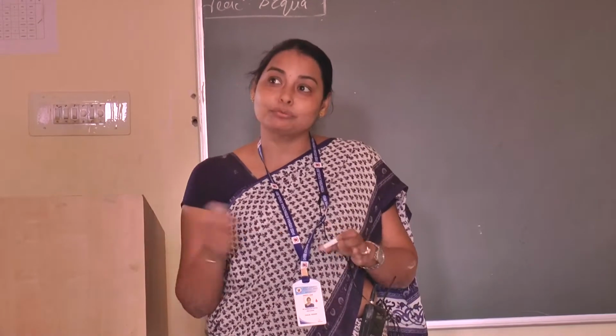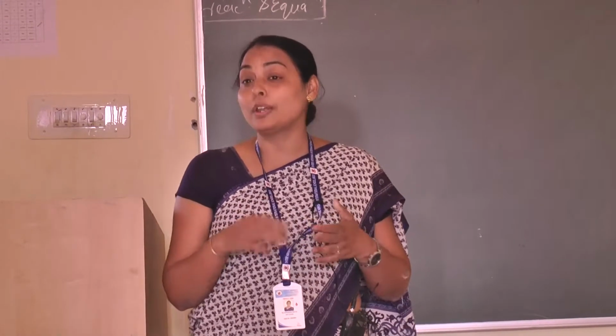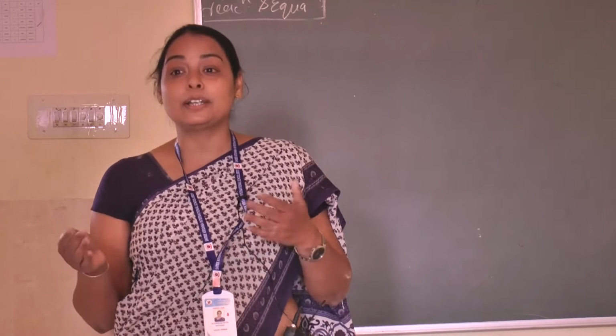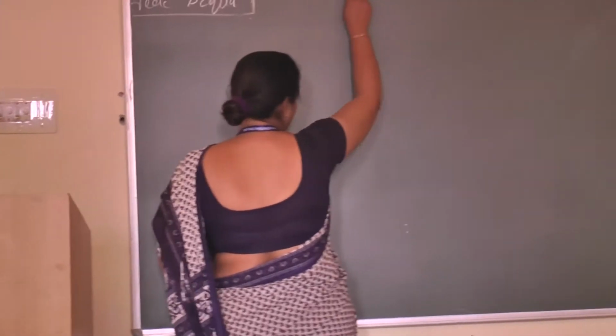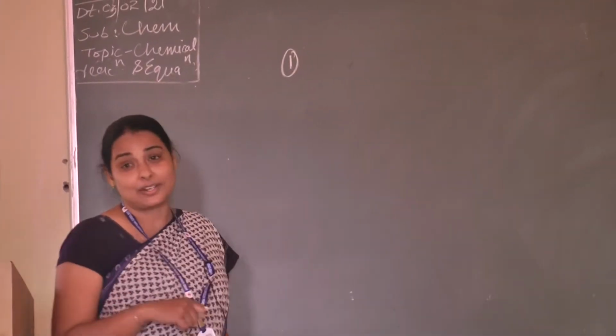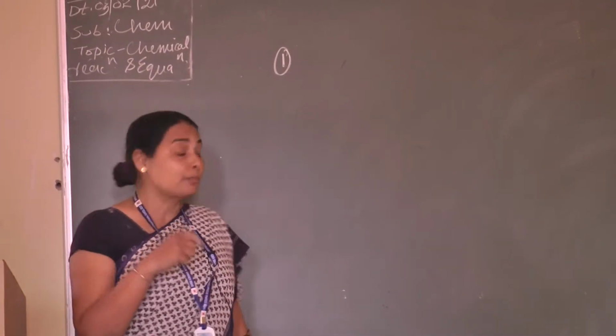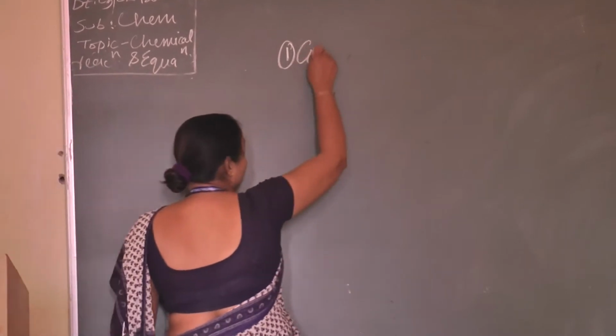There I taught you the names of the elements, how we write symbols, and how we take out the valency. Apart from that, we came to know that there are 4 types of reactions. What were they? As I explained, combination reactions and decomposition reactions.